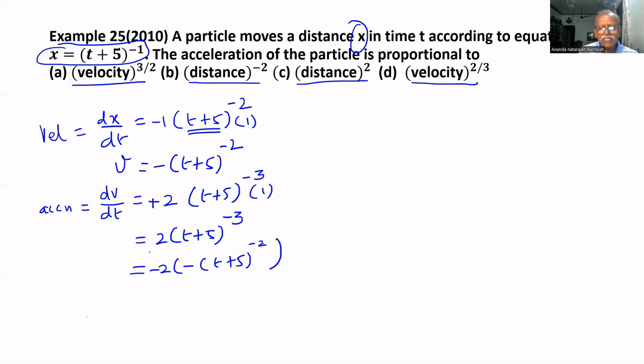To cancel this 2, I am putting what is already there: 3 is there, and that minus sign is taken here. To cancel this 2, I am putting 2 here. So now I can replace this by minus 2 velocity, because minus 2 times minus t plus 5 to the power minus 2, to the power 3 by 2.